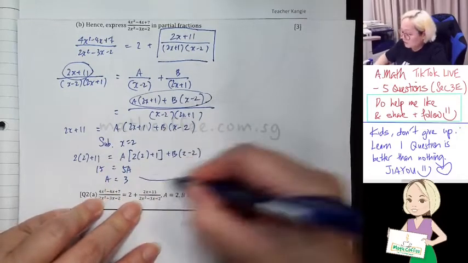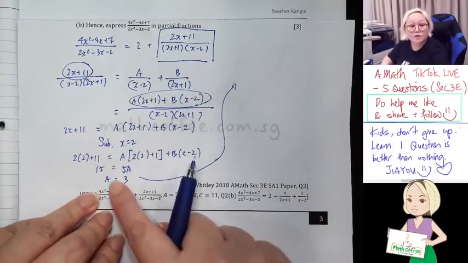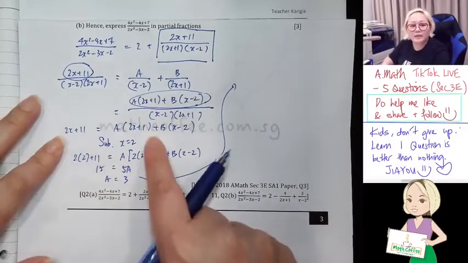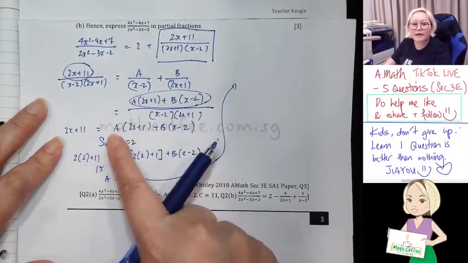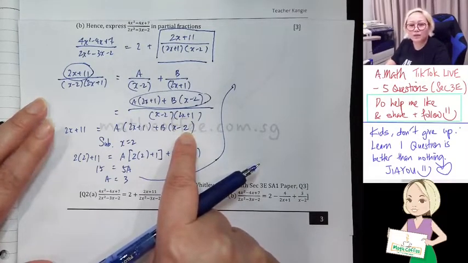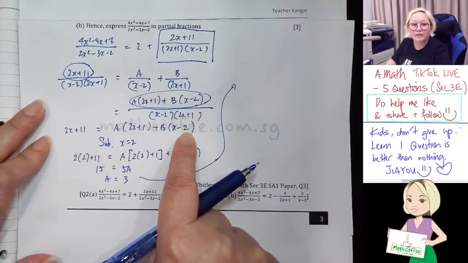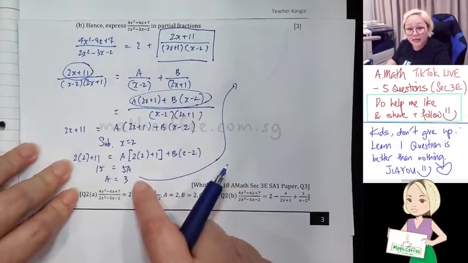Okay, we are not done yet because we are supposed to solve B as well. Now I have A. Some students say, okay, I can sub in negative half. If I sub in negative half, my A disappears, I can solve my B. But negative half is still a fraction, and sometimes I don't like to sub fractions. If I have a choice of subbing a whole number, I will just sub a whole number. I have already solved my A, correct?